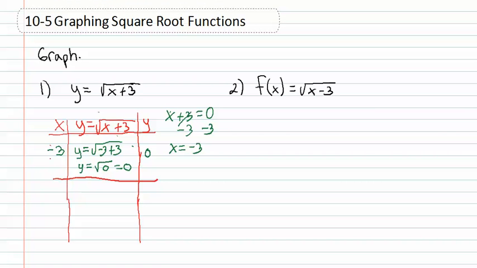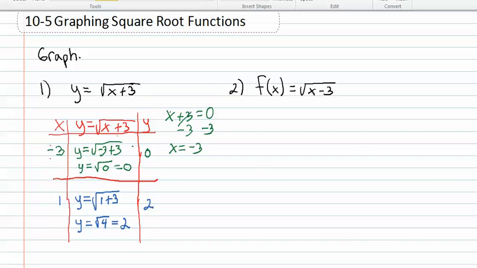So let's see, if x is, we don't know, but plus 3, could I make this to be a 4? Could I make my x a 1 and then put 1 plus 3? What's 1 plus 3? Oh, it's 4. Well, what's the square root of 4? Is that a perfect square root? It is. It gives you 2. So my next ordered pair is 1, 2.